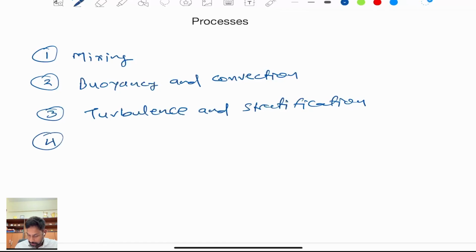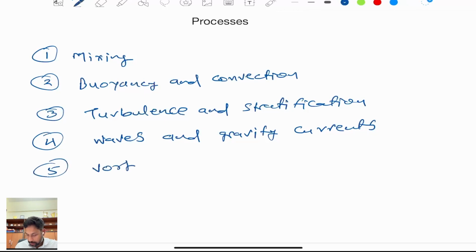We will also see waves, gravity currents, etc., right? Then there is vorticity dynamics. So these are different processes, and I have not listed all of them. Obviously, we are going to see more of them, but these are some of the processes that we are going to study one by one.